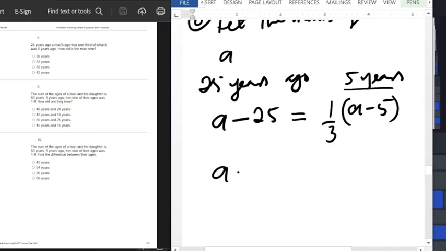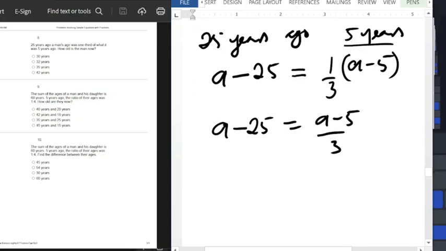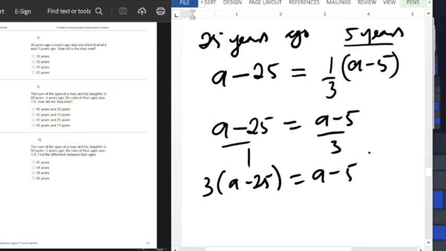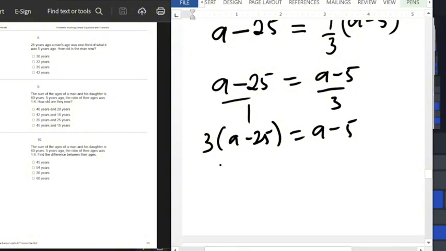So that means we have A minus 25 equals A minus 5 over 3. I hope I'm making sense. We cross multiply here: 3 into A minus 25 equals A minus 5. So this gives us 3A minus 75 equals A minus 5.